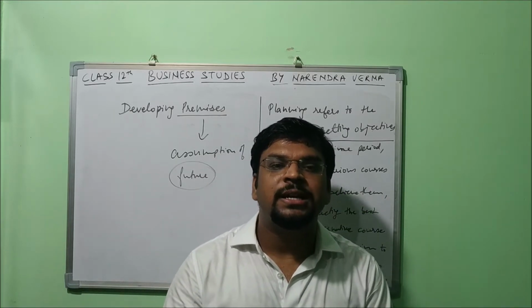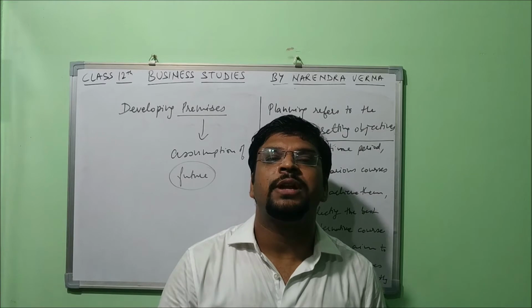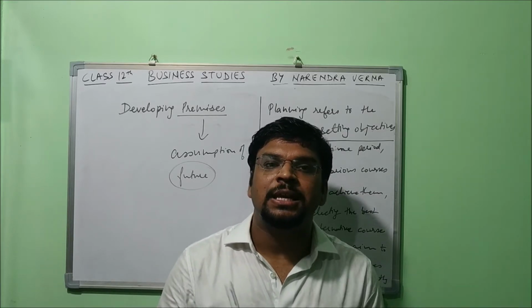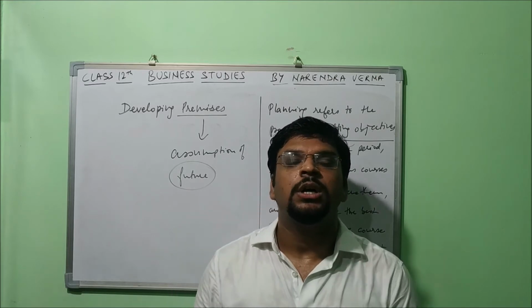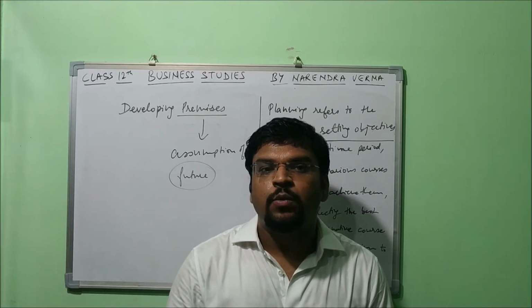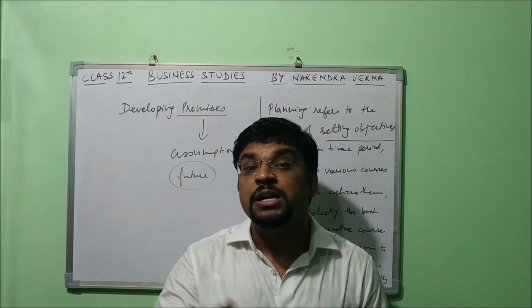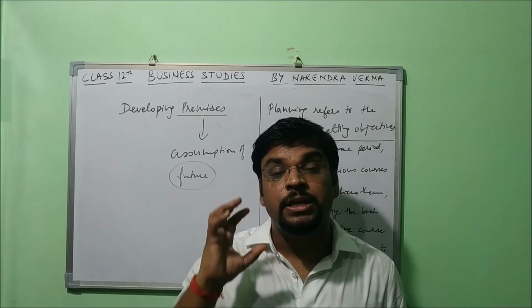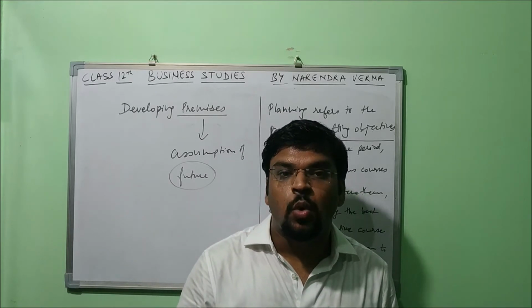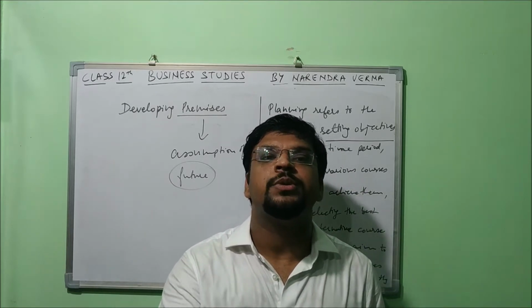If you lock the entire country for some time and start tracing all affected cases and giving them treatment with proper precautions and safety measures, then the situation can come under control, right? So thinking about exercising the lockdown is what? Developing premises.